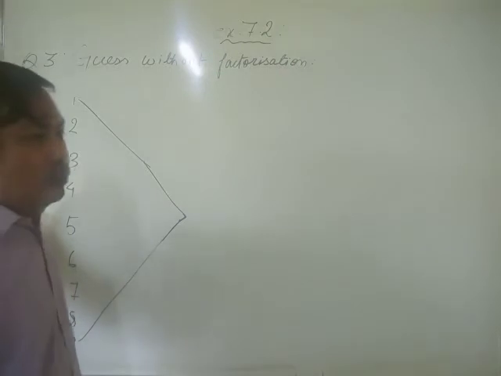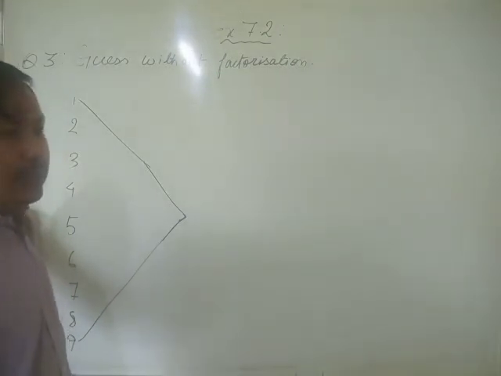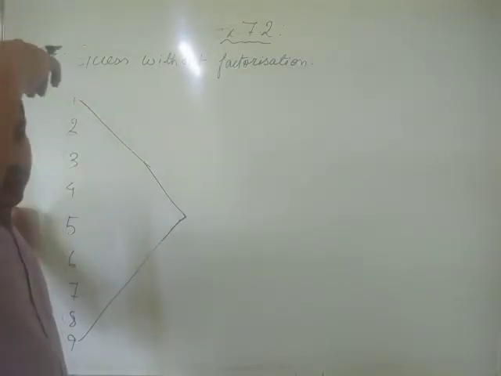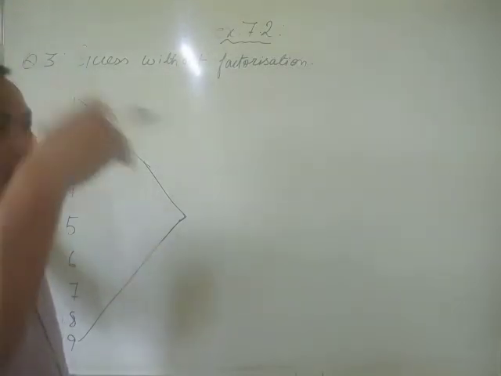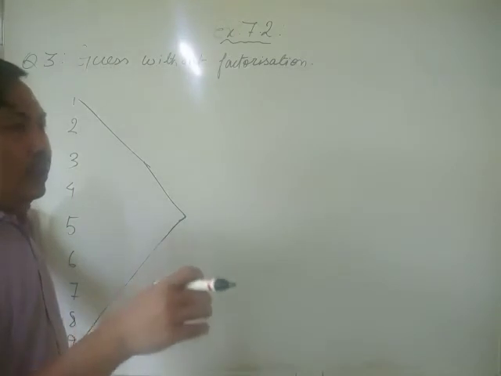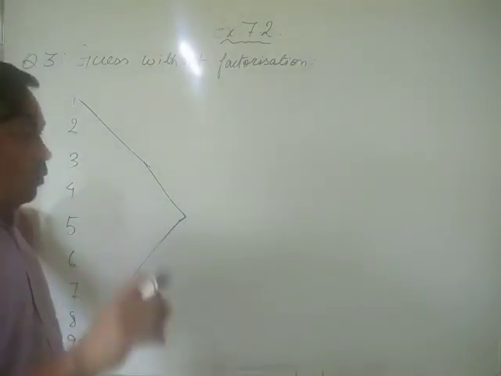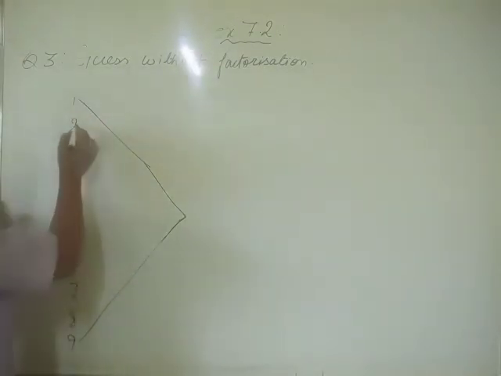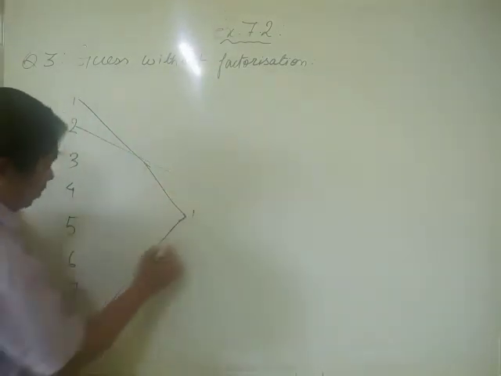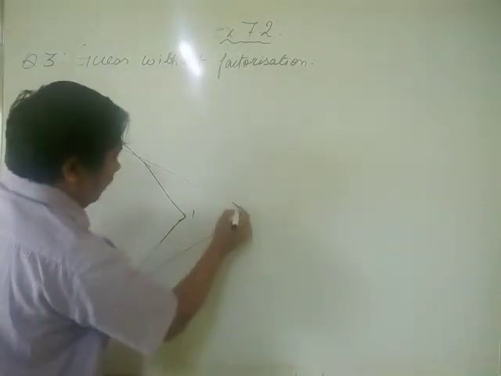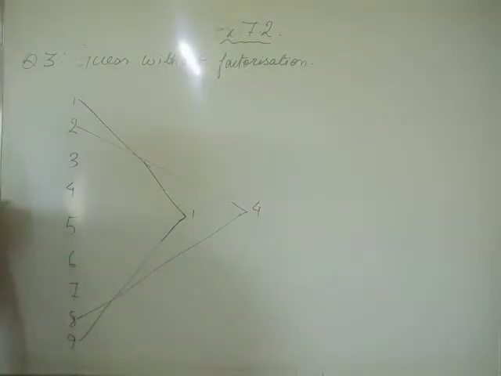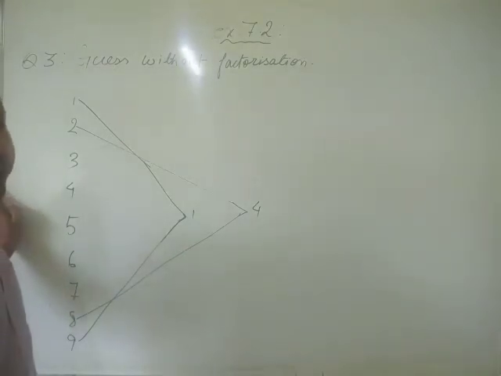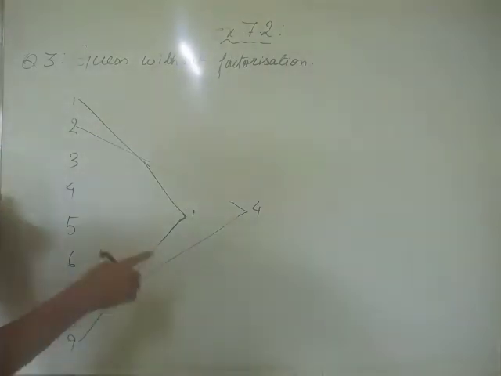That means if these two numbers 1 and 9 are in the last digit of the number, then the square number will have the digit 1 only, isn't it? Yes, 1 only. So 1 or 9, and then 2 or 8. They will have 4 in the unit place. The square of a number having 2 or 8 in the last digit, in the unit place, will have 4 as the last digit, okay, or 4 in the unit place.